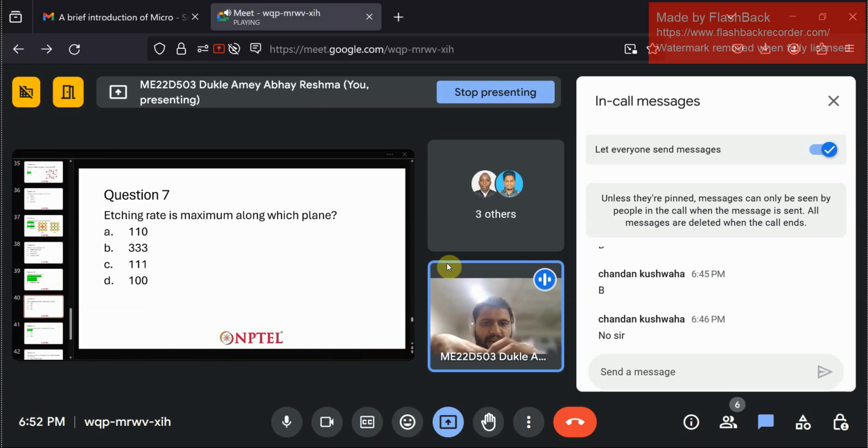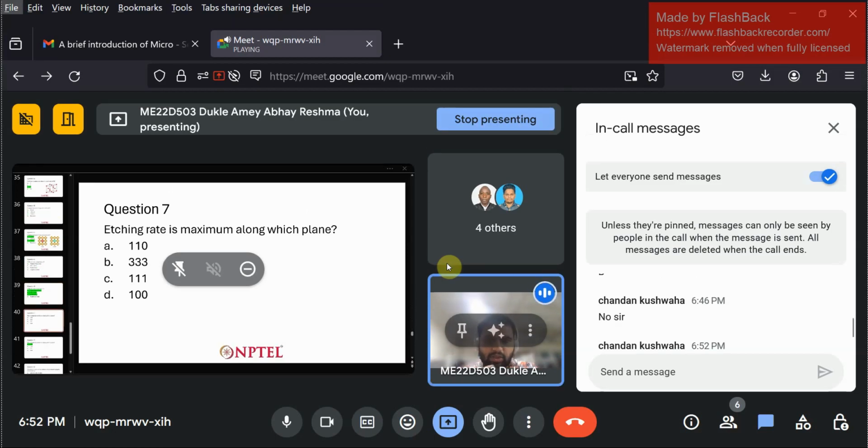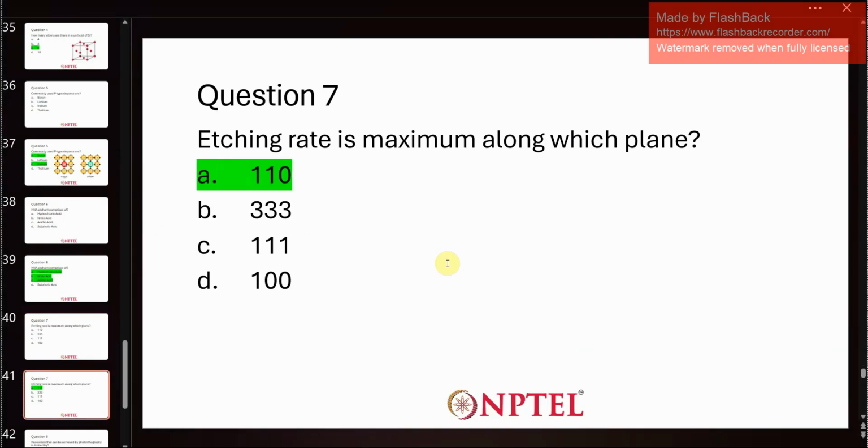If there are too many atoms obstructing the etchant from entering, or if there are very few atoms obstructing the etching? Obviously, when the atoms are not closely linked to each other, the etch rate will be very high. If they are far away from each other, or not very closely packed, the etch rate will be very high. So the answer here is the 110 plane.